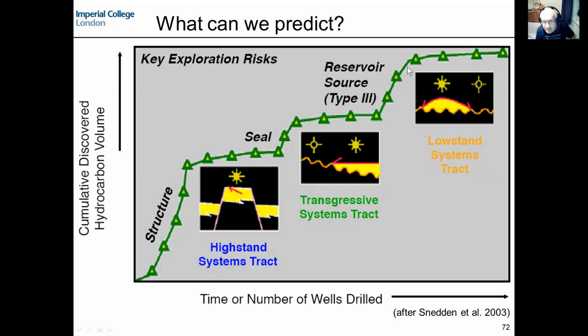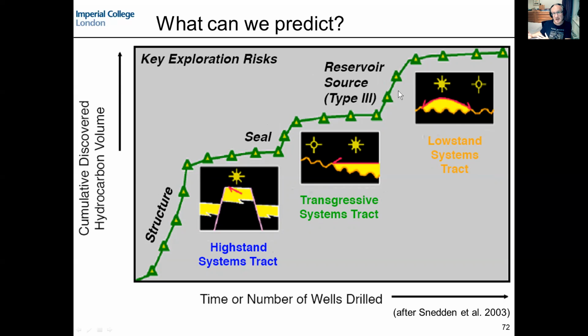And then in the later parts of the basin life, we might consciously explore for deep water fans, down dip of those sequence boundaries. There, the seal is a risk, but also the source rock.